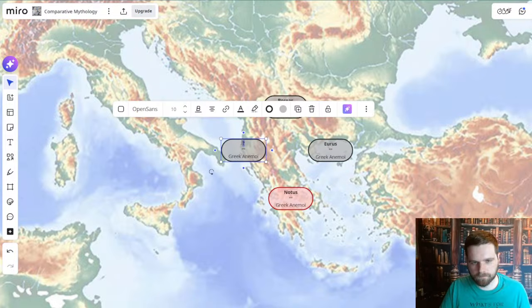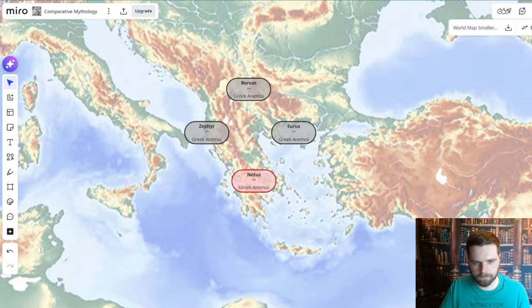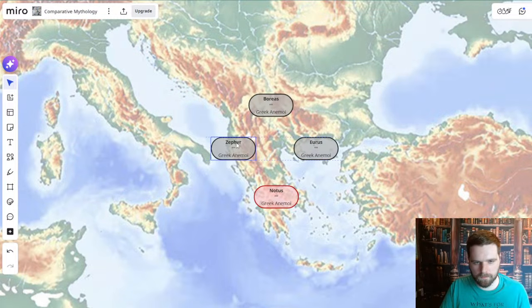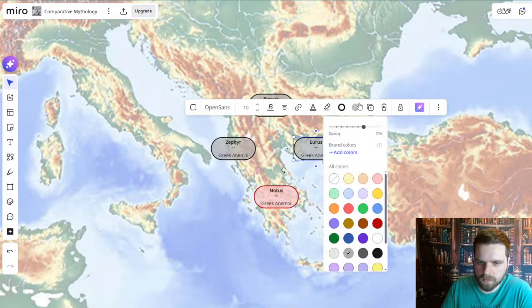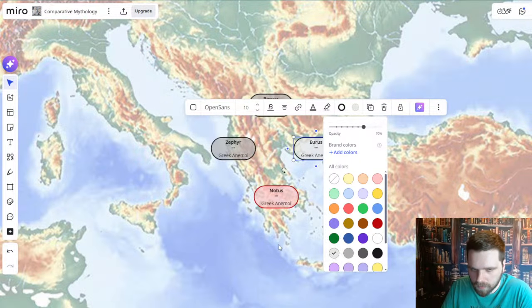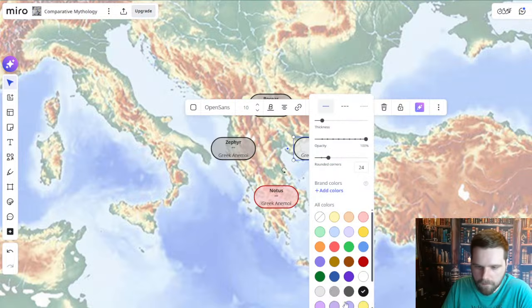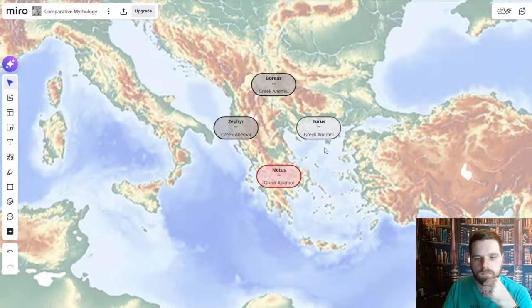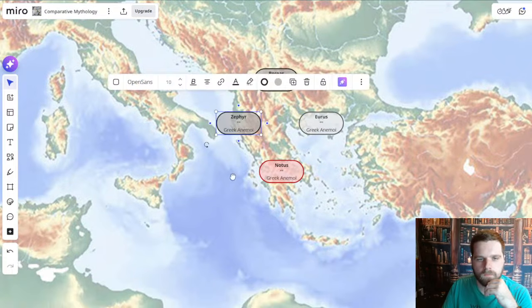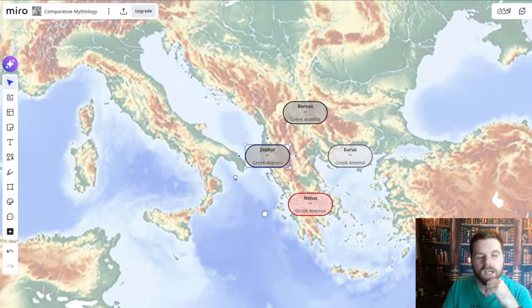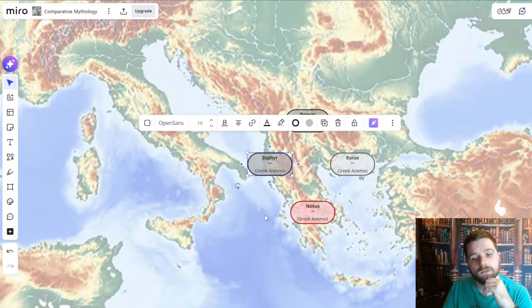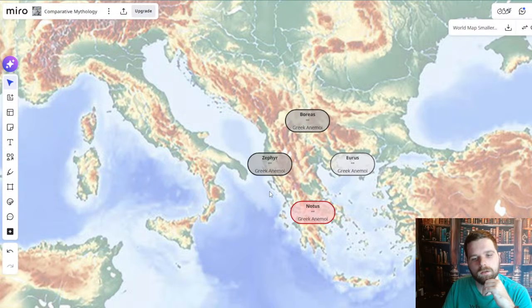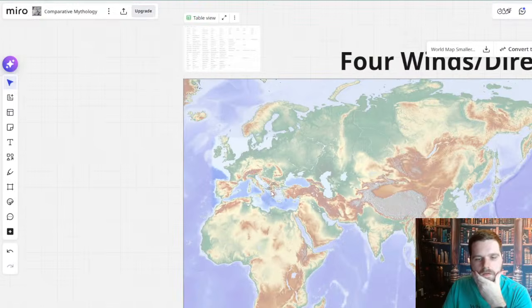East is Eurus, west is Zephyr. I think I was going with east being white. Yeah, I think I can do that. I can get away with that. It's a little lighter, yeah. And then the west depends.